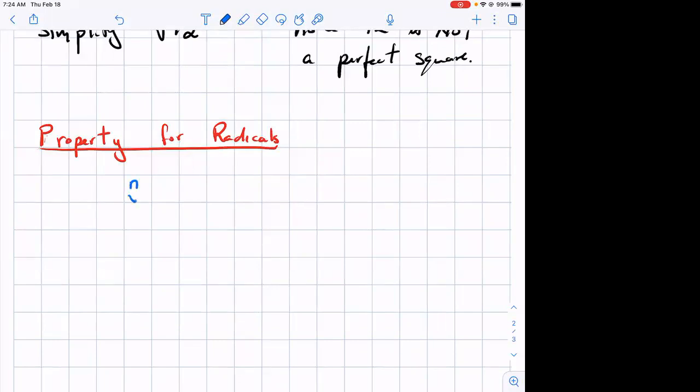If we have the nth root of a times b, this is the same as the nth root of a times the nth root of b.